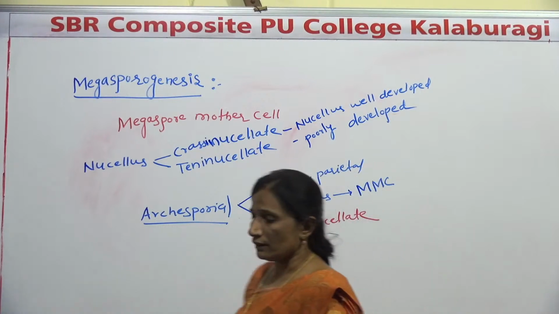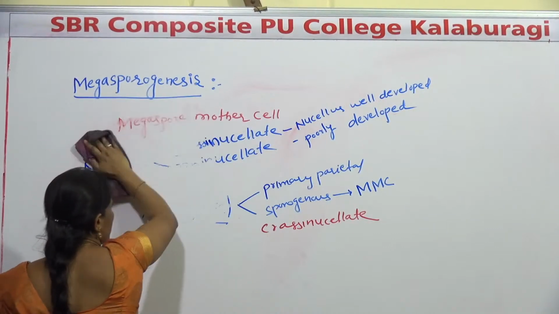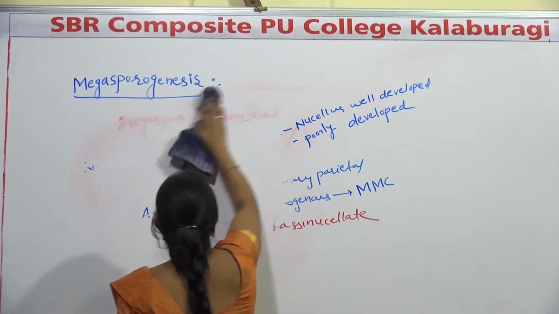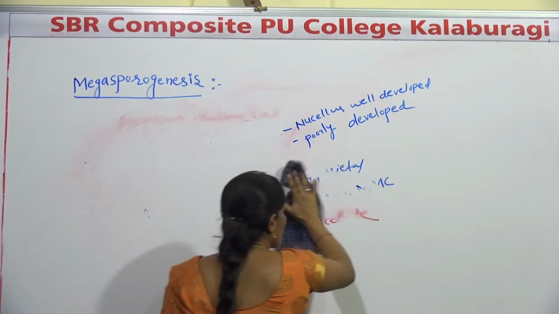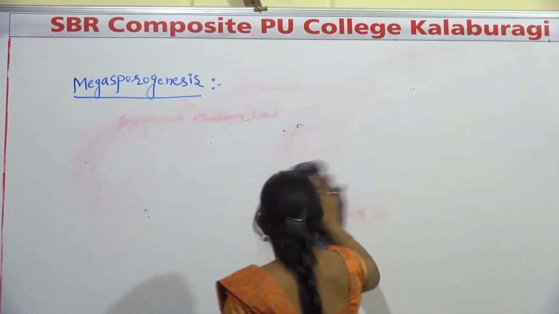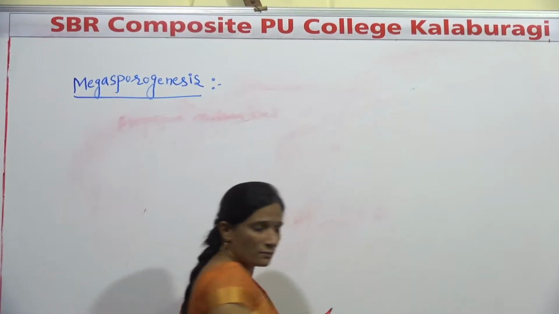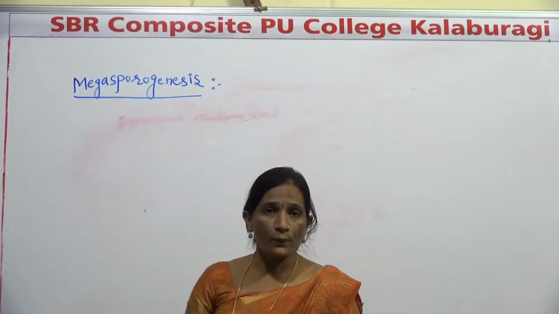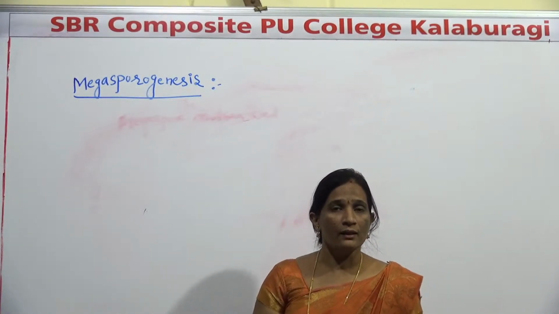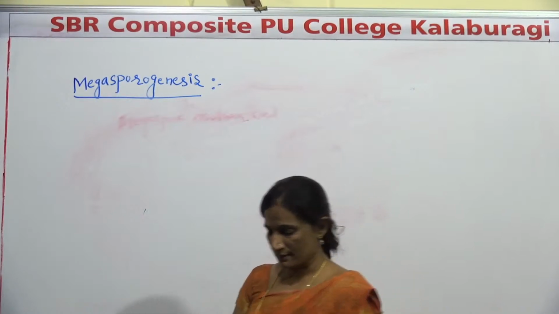So what is meant by megasporogenesis? The process of formation of megaspores from the megaspore mother cell through meiosis is called megasporogenesis.